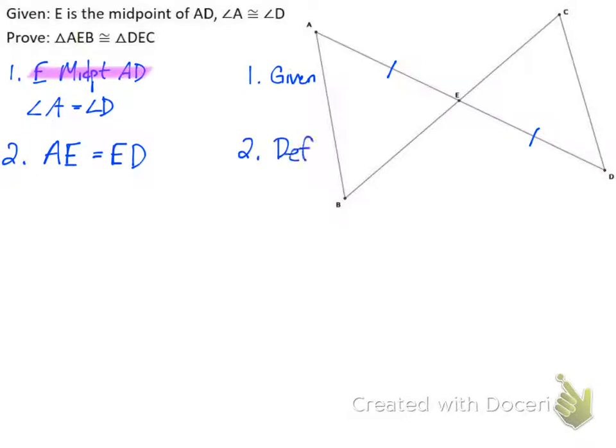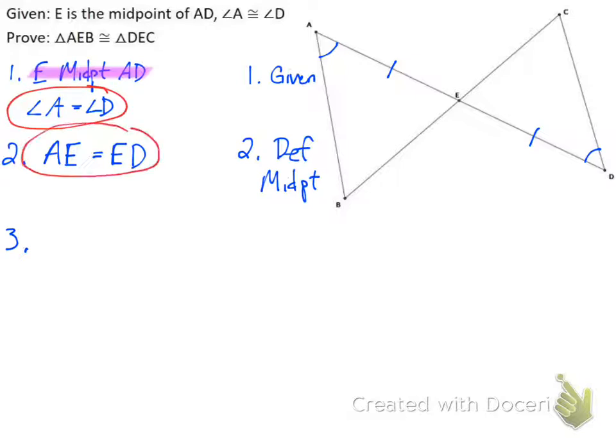by, again, use the same words. They use midpoint, so I'm going to say definition of midpoint. Right now, and then on my given statement, I have angle A is equal to angle D. So I've got two things equal. I've got angle A and D. I've got AE and ED, so I just need one more thing so I can look at my picture.